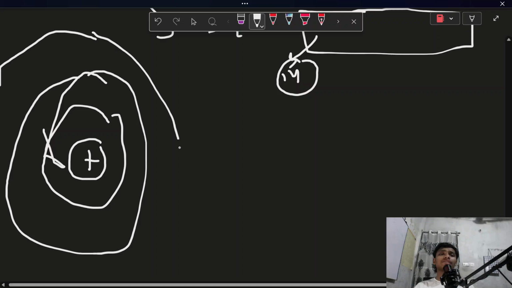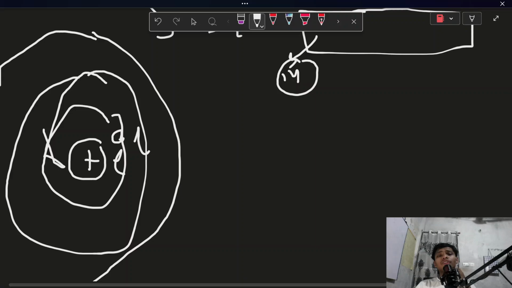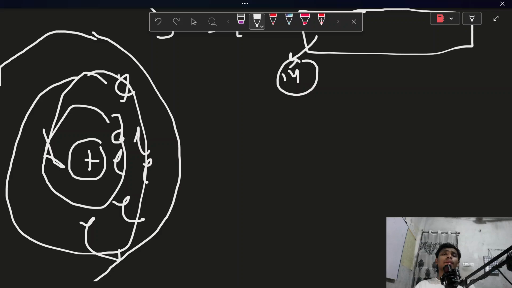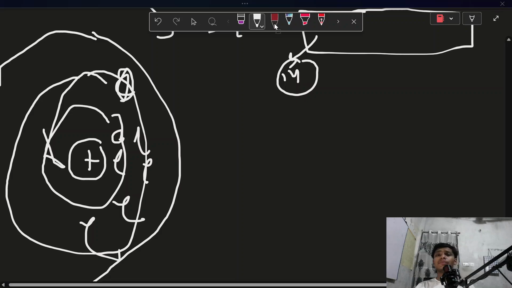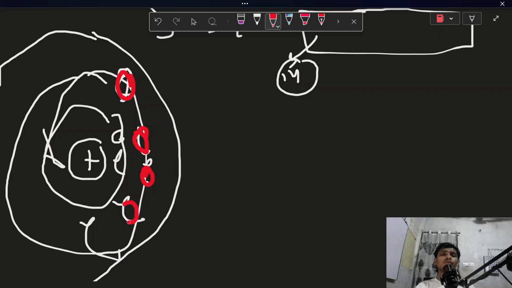I may not be able to draw the complete orbit. Let's say these are the inner electrons, and let me draw it with a different color. These red objects are nothing more than electrons.